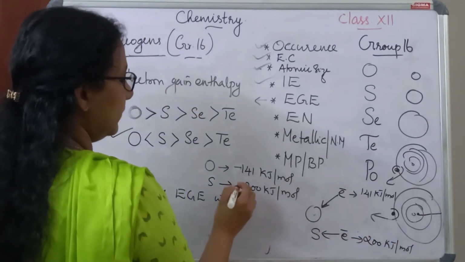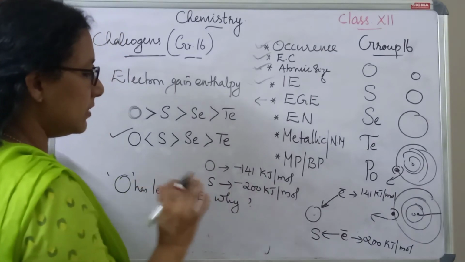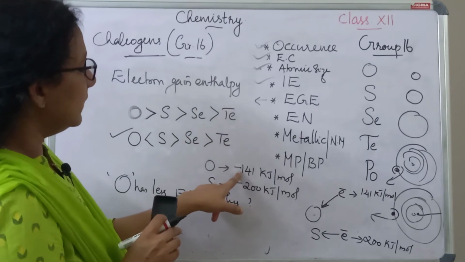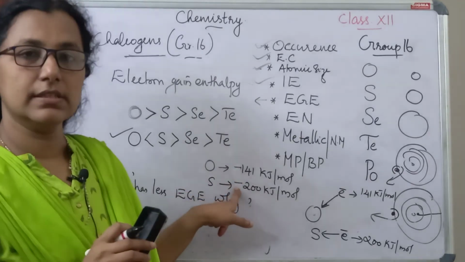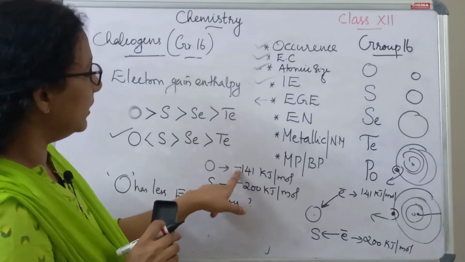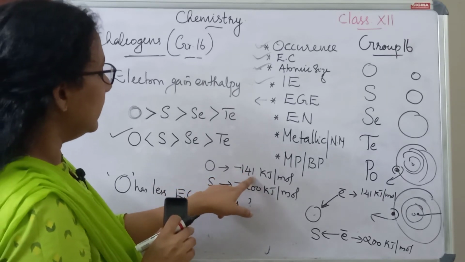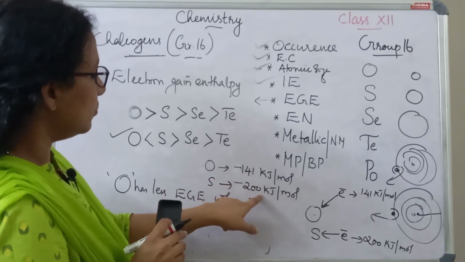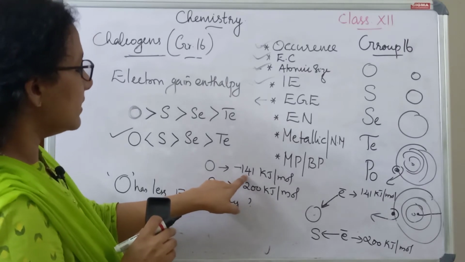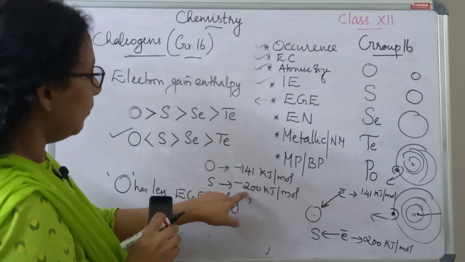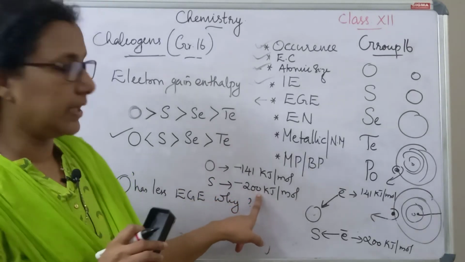That is the only difference. The negative sign indicates the energy is released, but we have to think about the number, 141 and 200. So less energy is released in the case of oxygen and more energy is released in the case of sulfur.